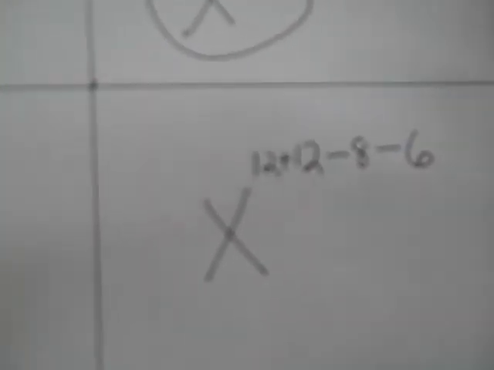Okay, and then my other x is on bottom, so I minus. If I come to an x that's on the bottom, I'm going to use the minus operator, and that's a 2, but I circled it because I knew that any power here has to be multiplied by 3. So 2 times 3 is 6. So 12 plus 12 is 24. 24 minus 8 is 16, and 16 minus 6 is 10. So it's x to the 10th power after all that mess, okay?